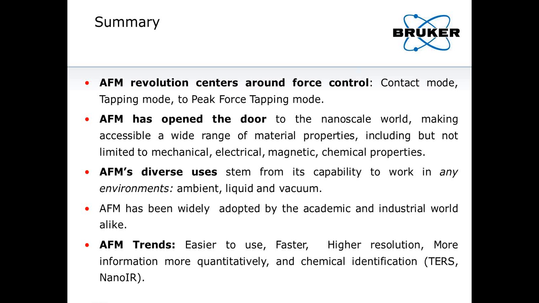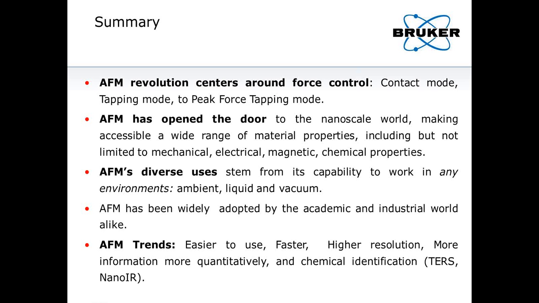It will react violently with water or oxygen, so it cannot be done just in ambient conditions. It has to be done in an inert atmosphere. So we have the Dimension Icon AFM put in a glove box, and the glove box is filled with argon. It's done in a cell that's sealed. When the tip is in the liquid, the cell is sealed, so the liquid won't evaporate.